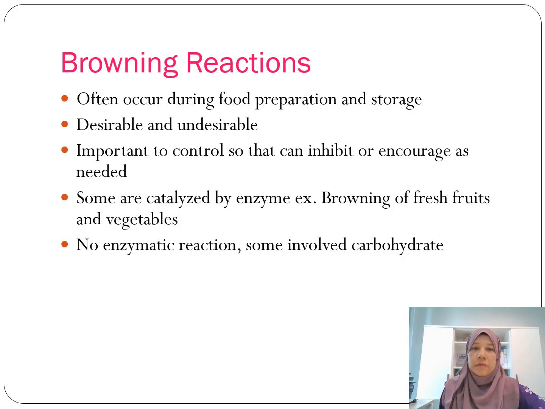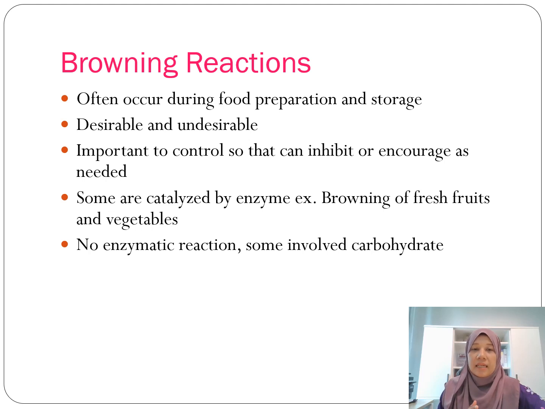So how does it occur? The reaction occurs normally during food preparation and also storage. For example, you cut a potato or an apple and put it on a table, in air at room temperature, then your apple will become brown, right?